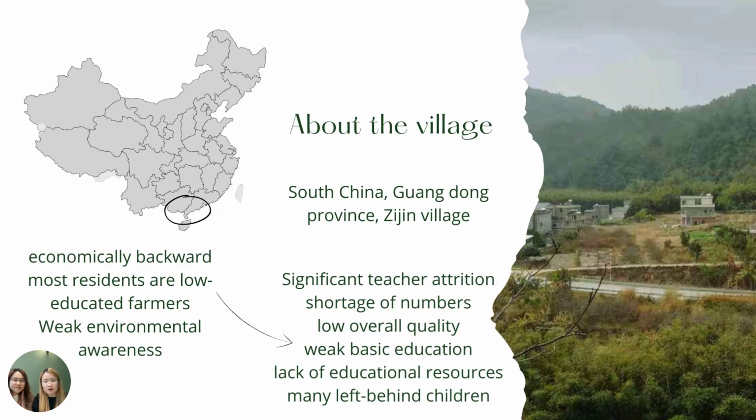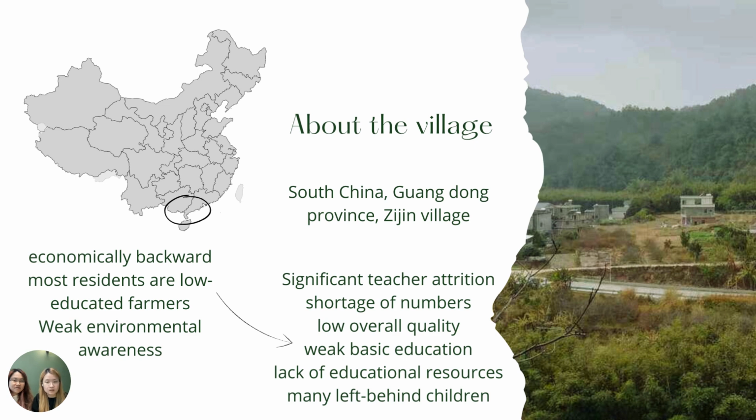So let's talk about the village. Here is some information about the village, which is affected by deep economic backwardness. A significant portion of its population is low-educated farmers. Unfortunately, due to limited access to quality education and economic opportunities, the village faces various economic challenges.